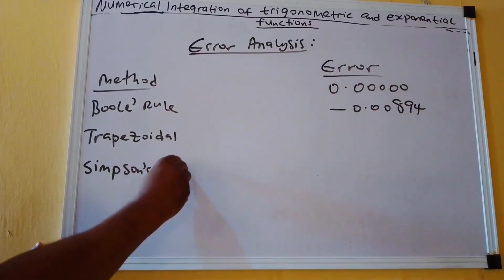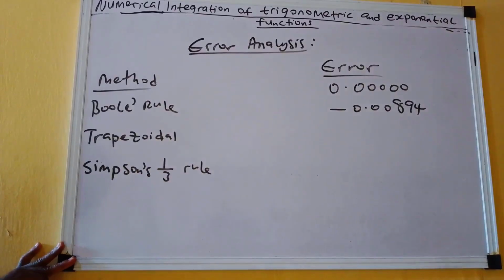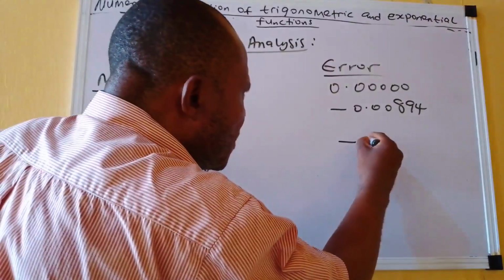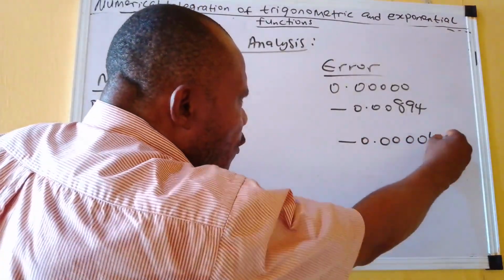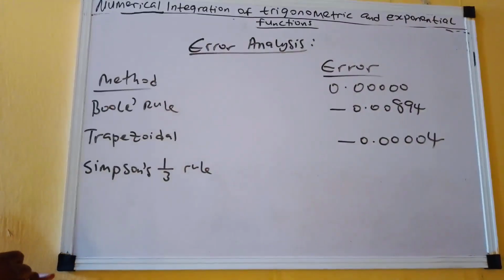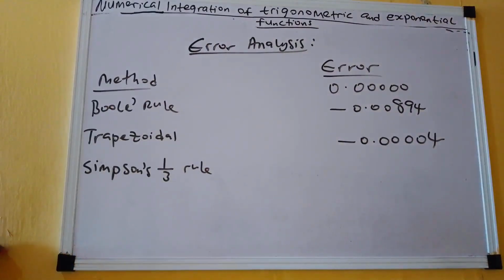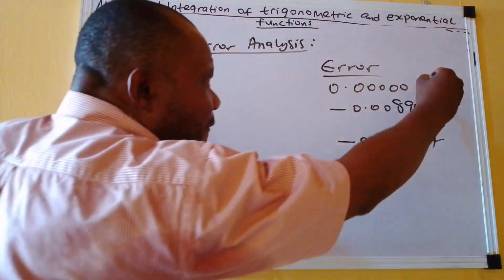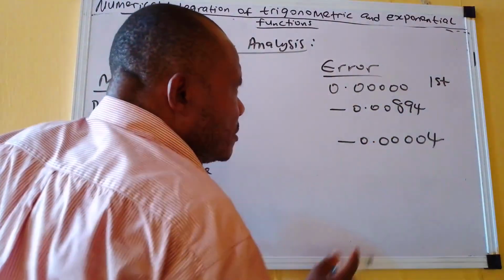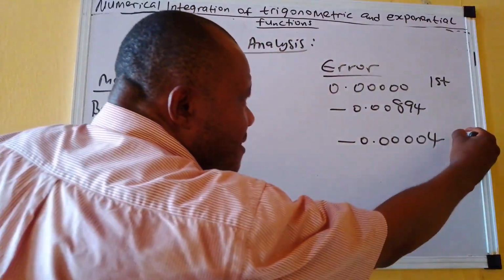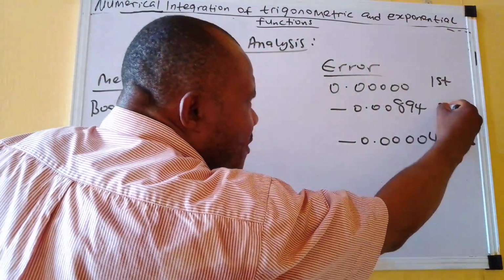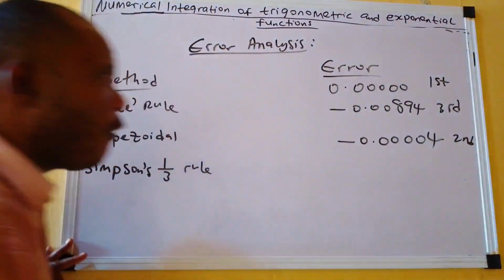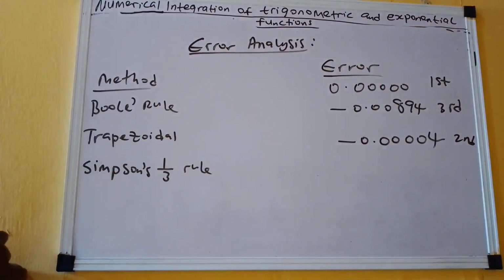And the last one is Simpson's 1/3 rule, for which we got minus 0.00004. Now, beloved, if you look at these errors, you will see that by ranking, the Boole's method is in the first position, followed by the Simpson's, and this one is the third position for this particular problem.